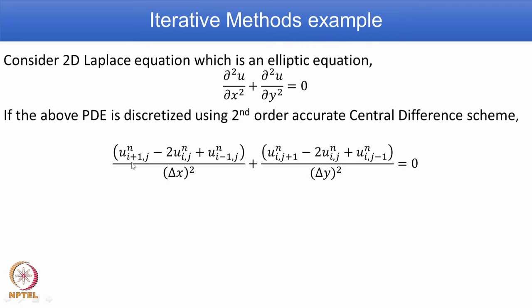We use two subscripts, i for x and j for y, and as usual superscript n is used here for the iteration level. We write a similar term for the second derivative in the y direction, shown here, with indices j plus 1, j and j minus 1.